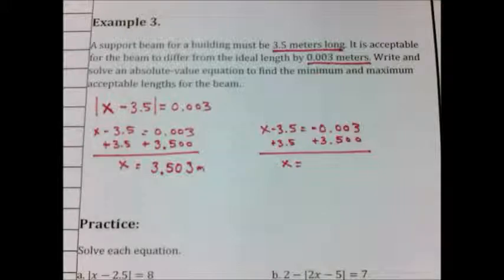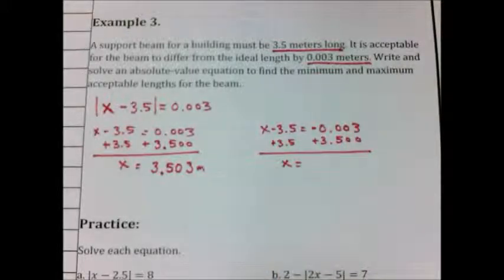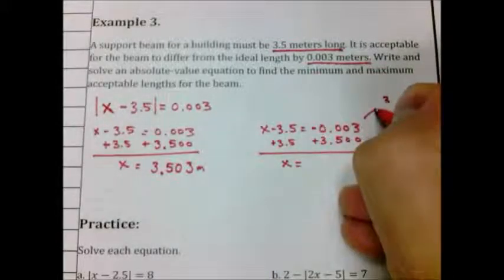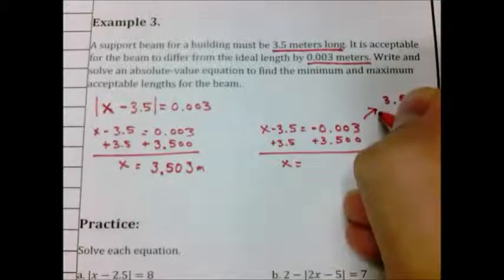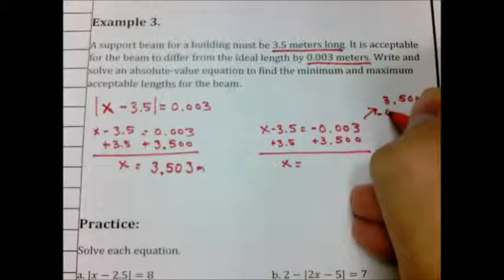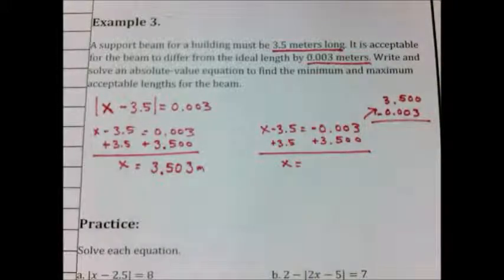Remember, though, that the commutative property of addition says the order in which you add things doesn't matter. So what we can actually do is rewrite this up here as 3.500 plus a negative, which is just subtracting 0.003. That is the exact same thing. We've just switched the order of them.